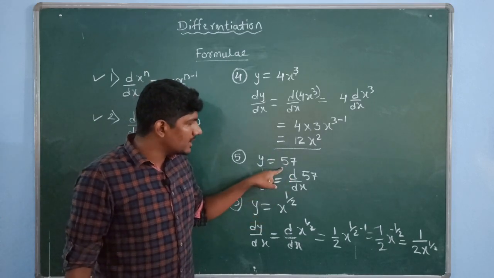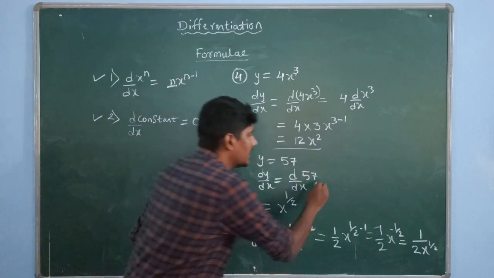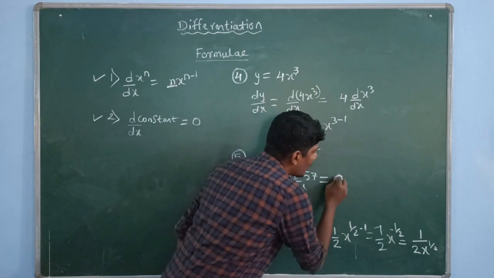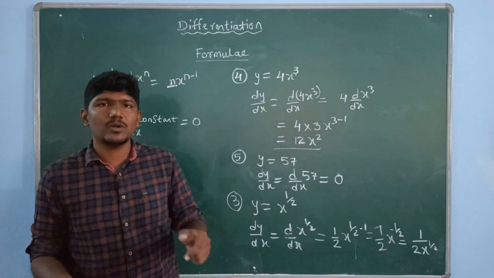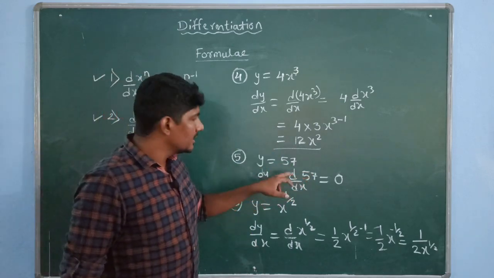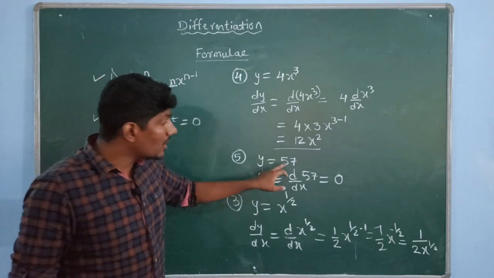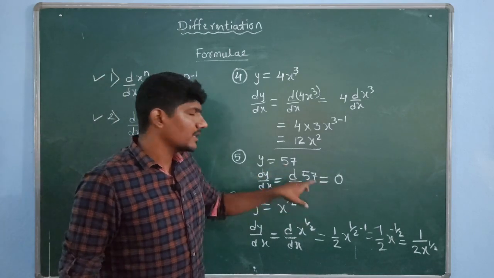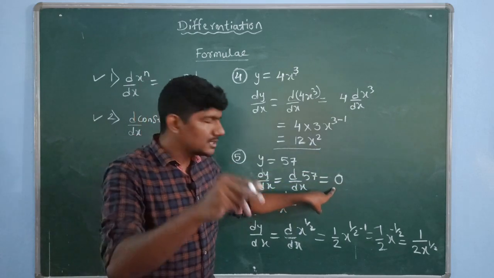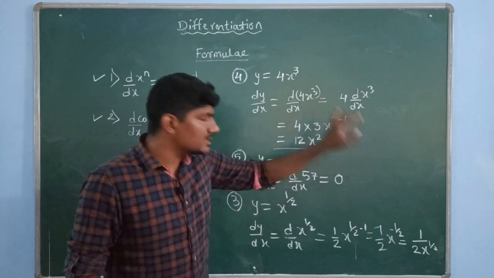If it is constant, it is not changing. If it is not changing, then the differentiation of a constant value is 0. You need to remember one point here. Differentiation means the rate of change of some quantity. So if this is a constant quantity, it is not going to change with respect to anything, so its differentiation is 0.